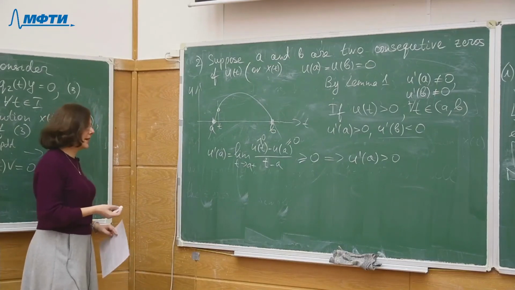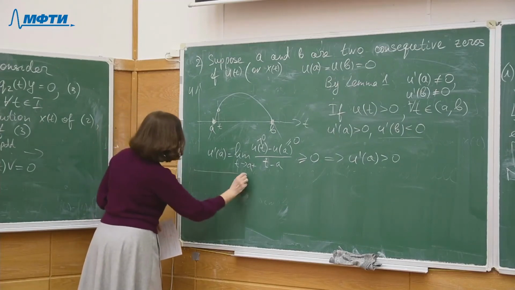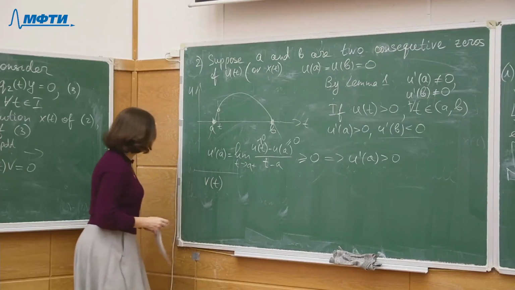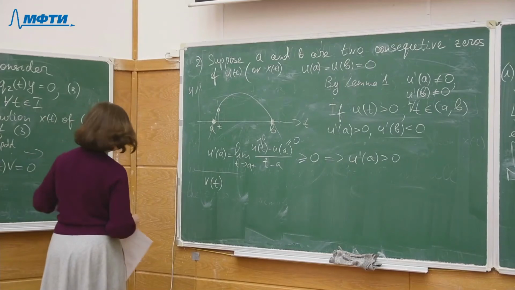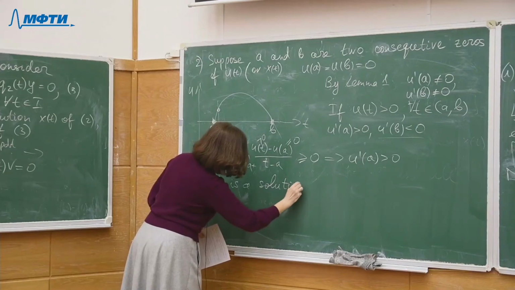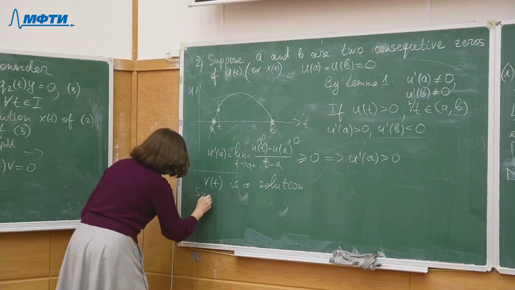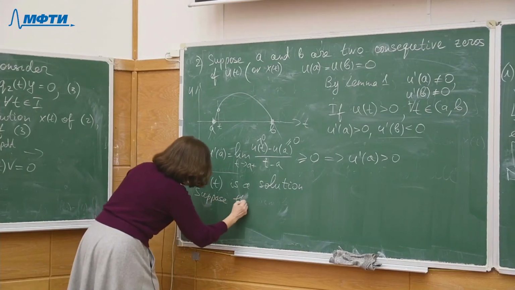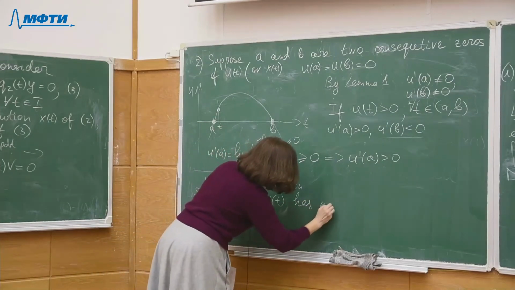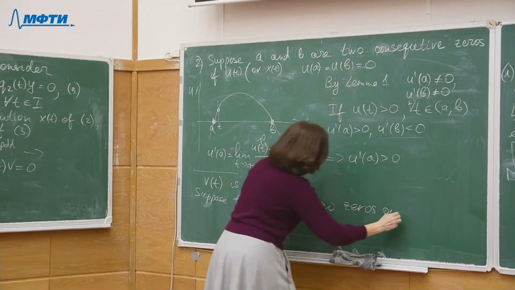So this is the first assumption, and so the second assumption, let's consider the function v of t. Let's consider a solution of this equation. Suppose, on the contrary, that v of t has no zeros on AB.